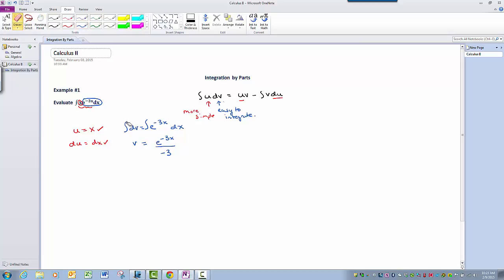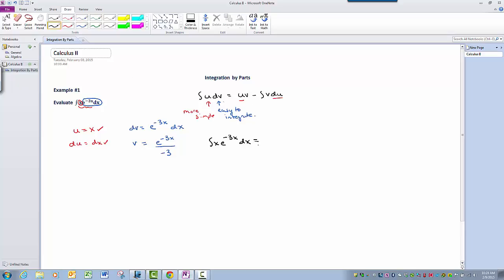Okay, so now we've got what dv was equal to. I'm going to erase these so that you can see exactly what dv was equal to, and then v is now equal to that because of what we originally set dv to be equal to. So now we're going to go ahead and plug things in. So the integral of u dv is equal to u times v.